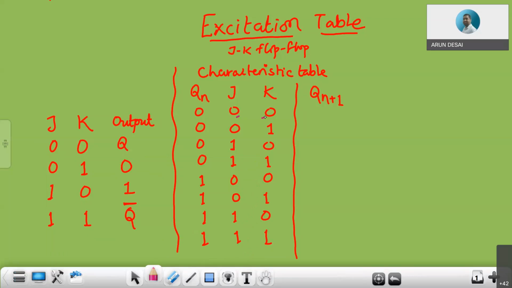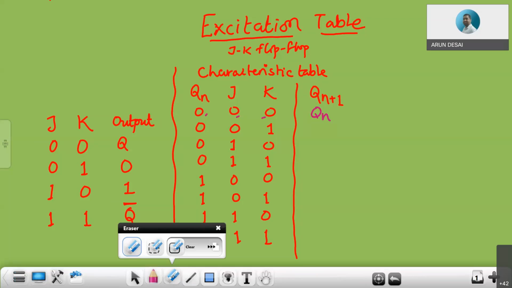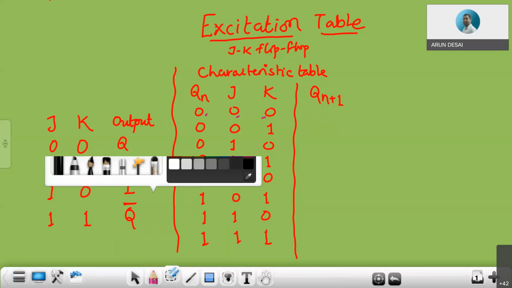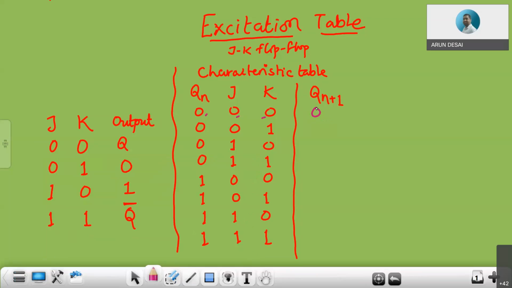If J is 0 and K is 0, whatever is there in memory should be there, right? Qn, or you can call it directly 0, right? Then for 0 1, it is reset, right? Reset means again 0. 1 0 is used for setting a flip-flop. For 1 1, in that case what will happen? Whatever is there inside memory is complemented, right?